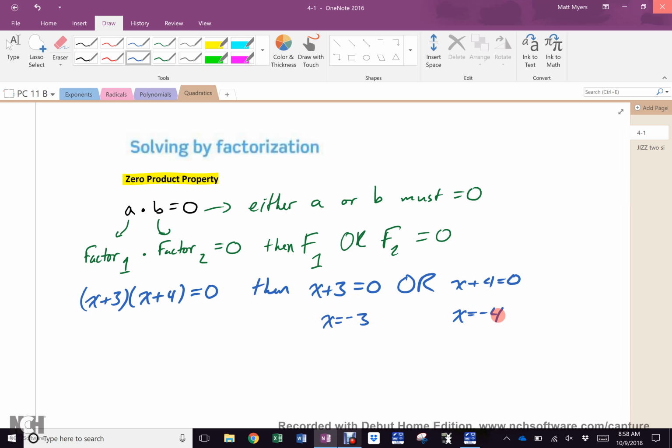Excellent. Now, how does this help us? Watch. That is that, right? And that equals 0. Everyone agrees? When x is negative 3, what's negative 3 squared? 9. Plus what's 7 times negative 3? What's 9 minus 21?